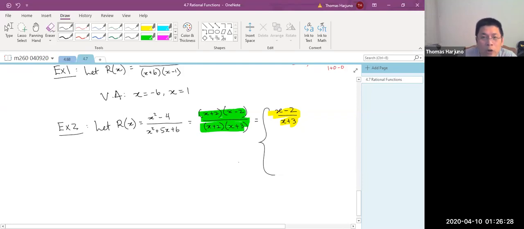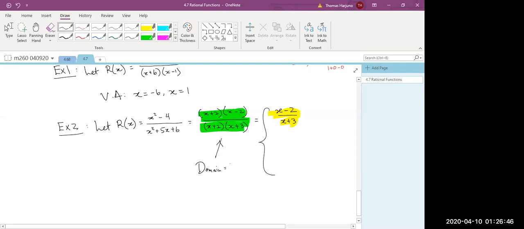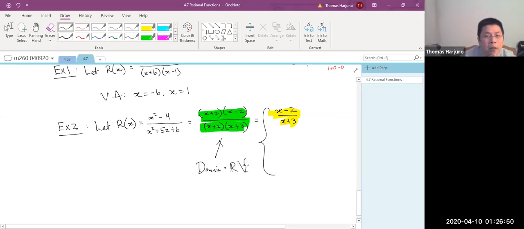What is the domain on the left-hand side? All real numbers except negative 2 and negative 3, right?